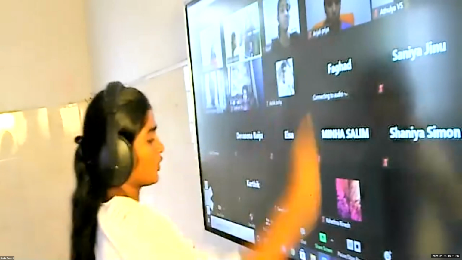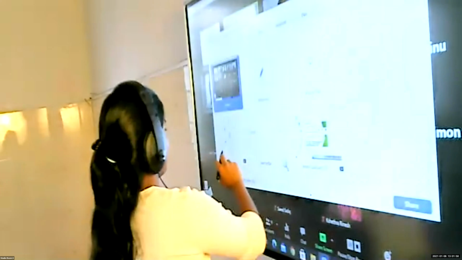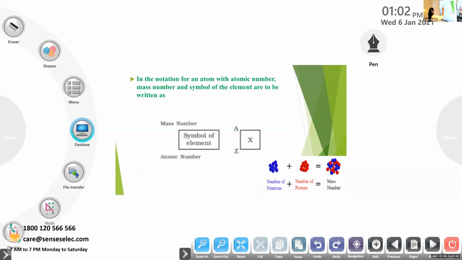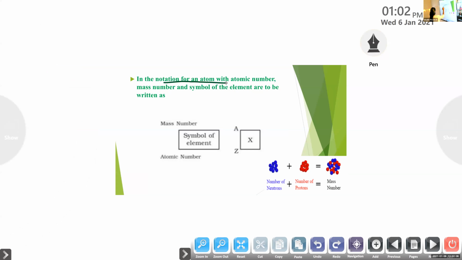Then we are going to learn how to represent the atomic number and mass number in an element. In the notation for an atom, the atomic number, mass number and symbol of the element are written like this. First we write the symbol of the element. Then on the left bottom we write the atomic number.